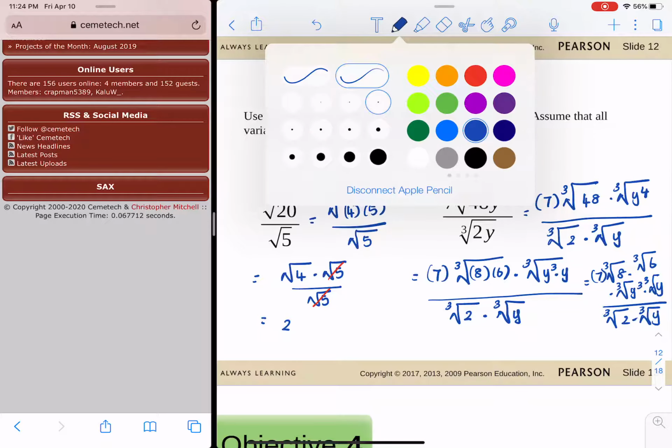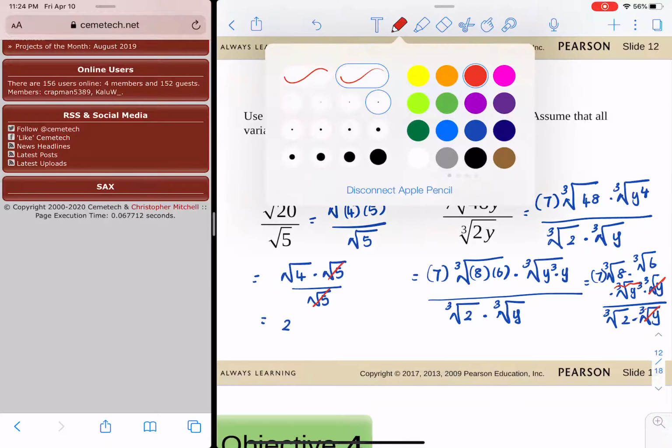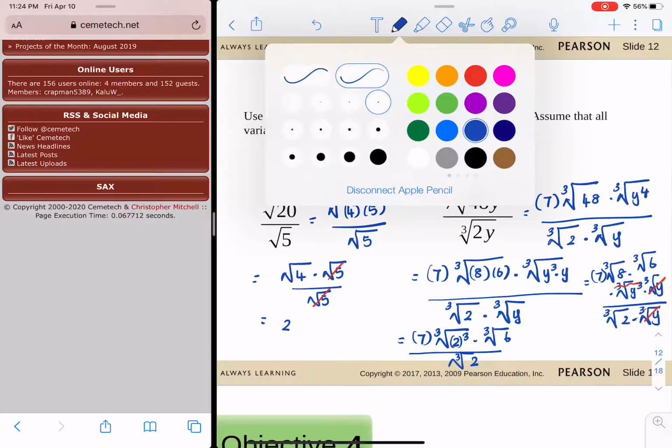So the root gets cancelled there. Those two are identical terms. That goes away. So we have 7 multiplied by the cube root of 8. 8 is 2 cubed times cube root of 6 divided by cube root of 2.